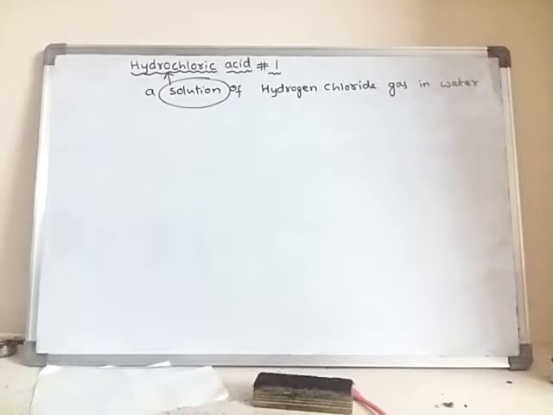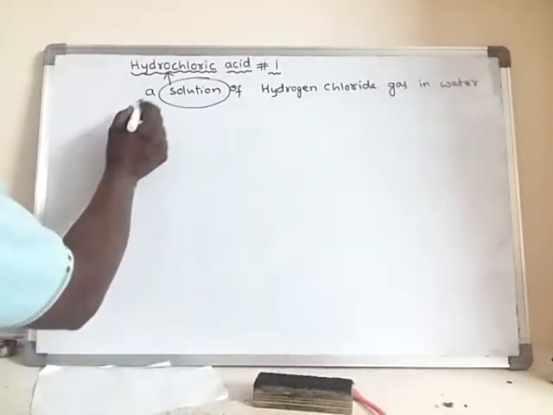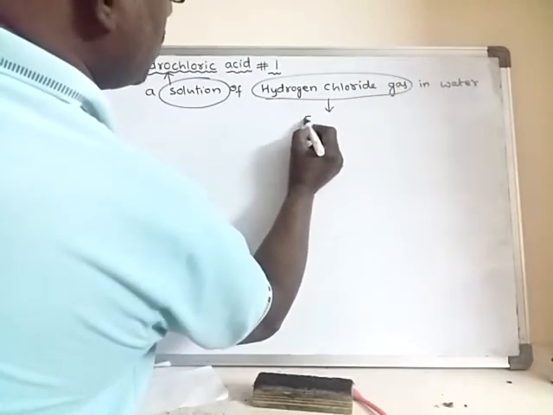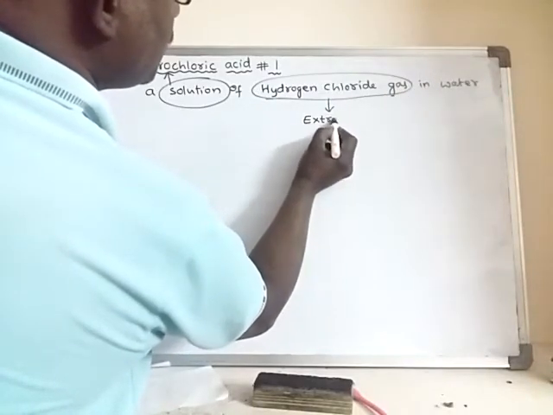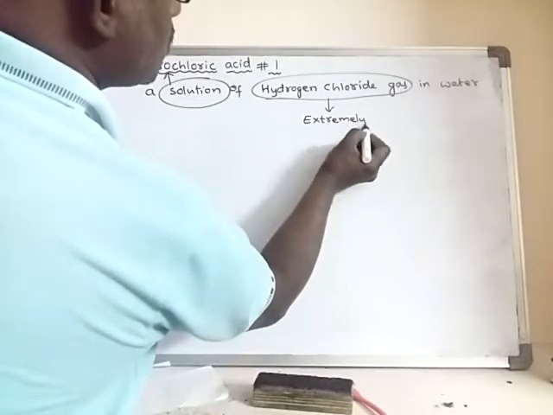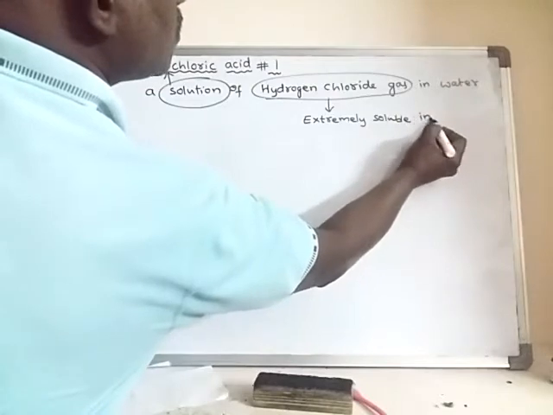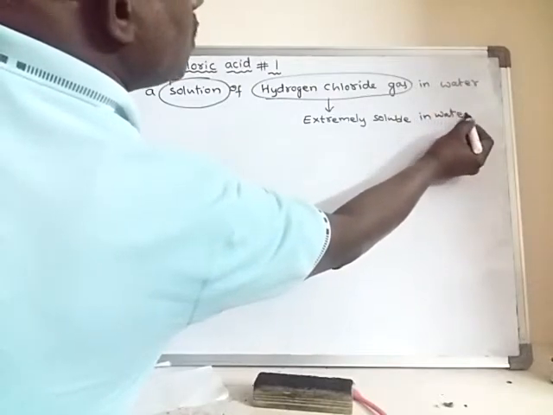Hydrogen chloride gas is highly soluble in water, extremely soluble in water. How much?